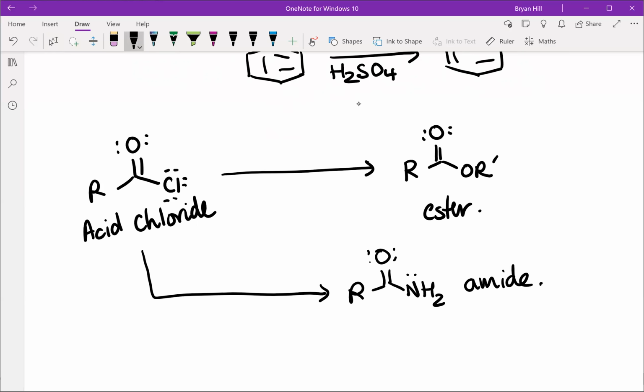These were all what we would call nucleophilic acyl substitution reactions.